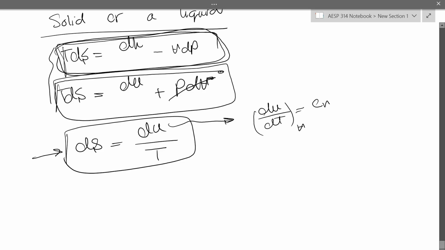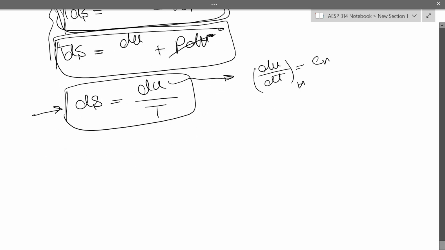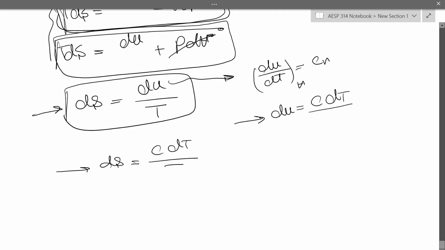It is not 0 though. The second statement was not correct, right? So dS is going to be equal to C dT divided by T for an incompressible substance.